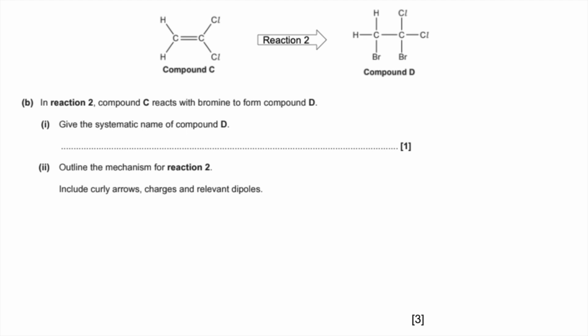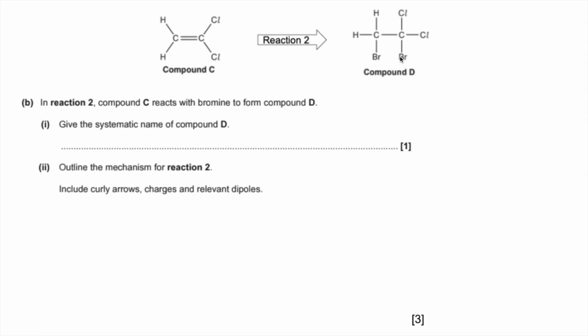Part B now, so in reaction 2, compound C reacts with bromine to form compound D. We've got to give the systematic name for compound D. So it's a dichloro and it's a dibromoalkane. So there's a couple of rules we've got to remember. The alphabet rule says that the substituents lower in the alphabet should come first.